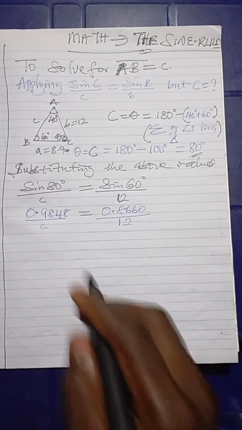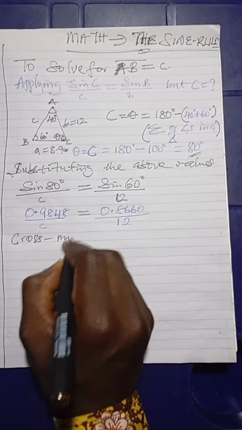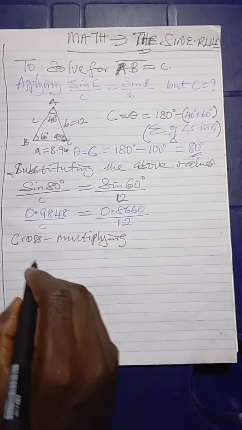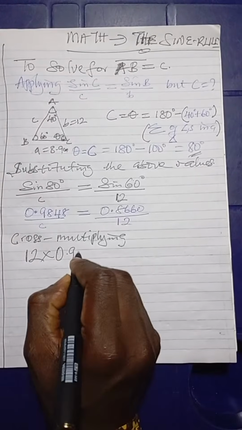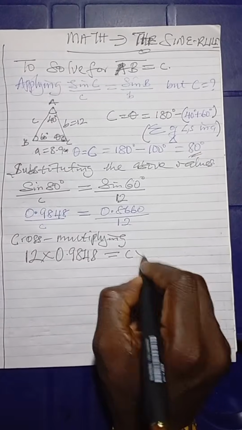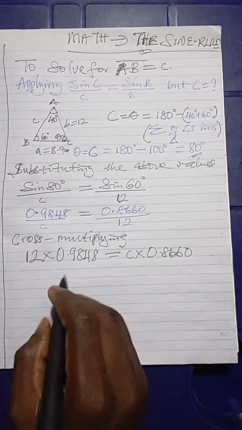So cross multiplying, I will have 12 multiplied by 0.9848 is equal to c multiplied by 0.8660.